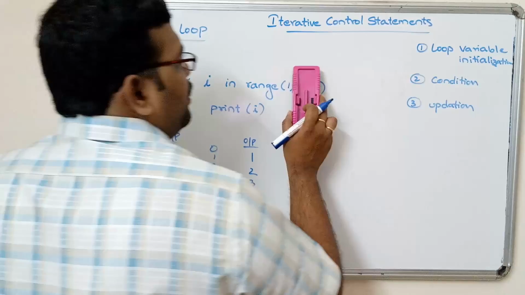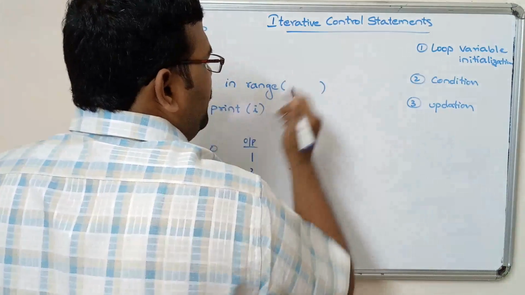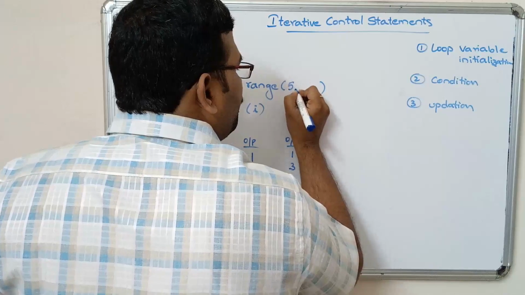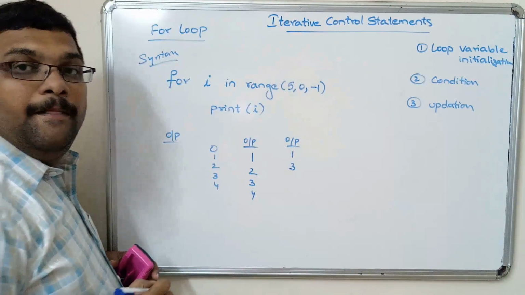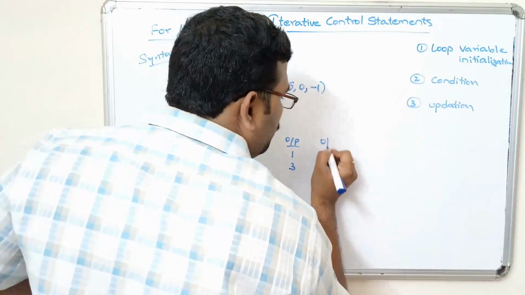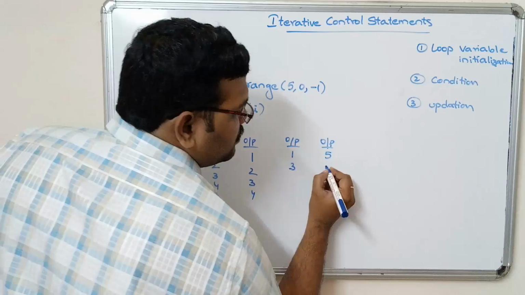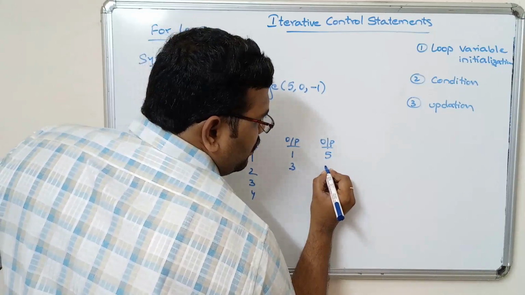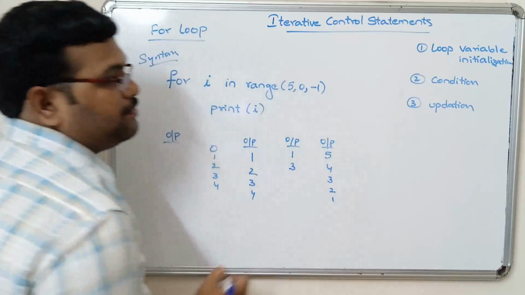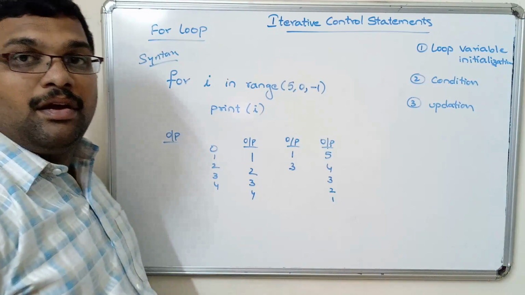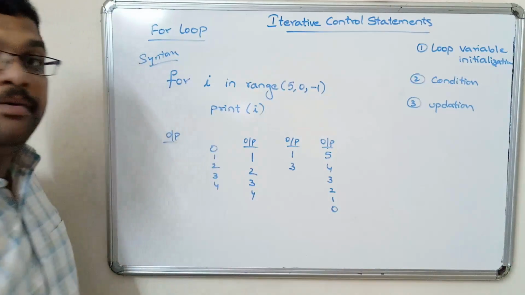And simply if you write here start from 5, 0, minus 1, this is a simple output. It will start from 5, and minus 1 we are giving. So 4, 3, 2, 1, and 0. 0 also will be printed.